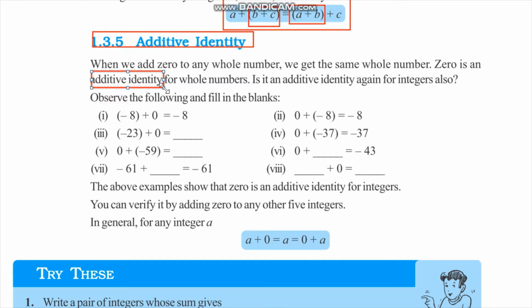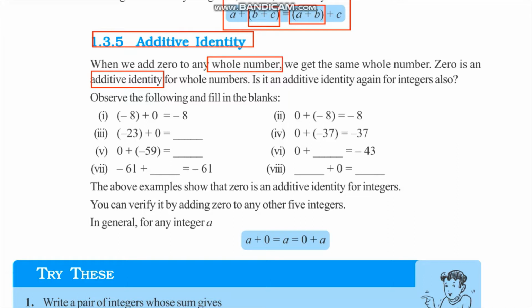So what does an additive identity mean? An additive identity for any set is when you take any member of the set, add it to the additive identity, the number should remain the same. So for whole numbers, if you take any whole number and you add 0 to it, you will get the same whole number.